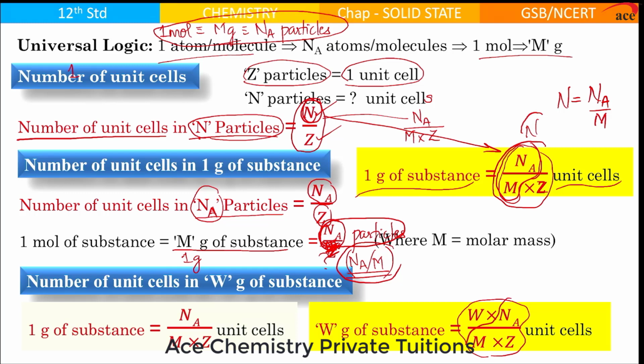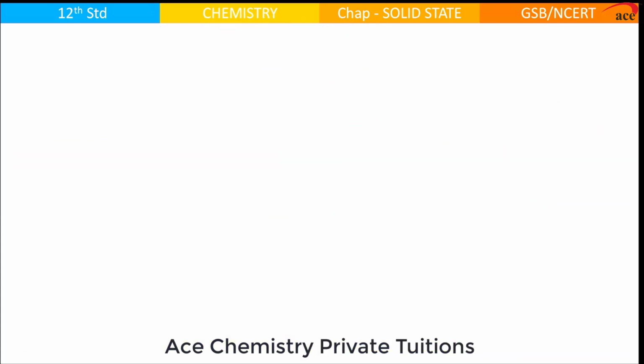Remember again, Na/M is for 1 gram. If you take this as number of particles and divide it by Z, that is number of unit cells in 1 gram. But you want it in W gram, so multiply by W. You will get the number of unit cells present in W gram of the substance.